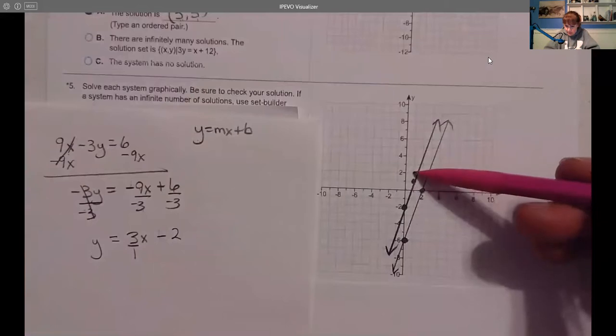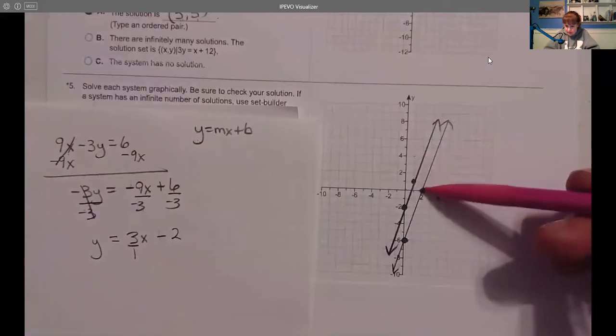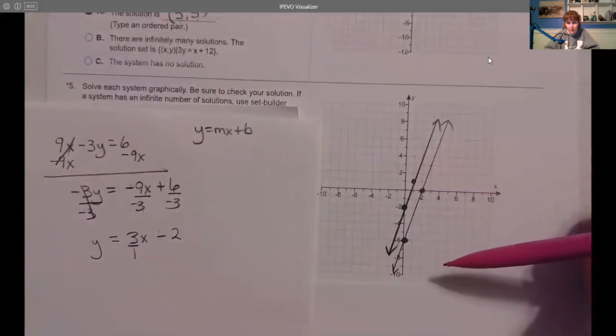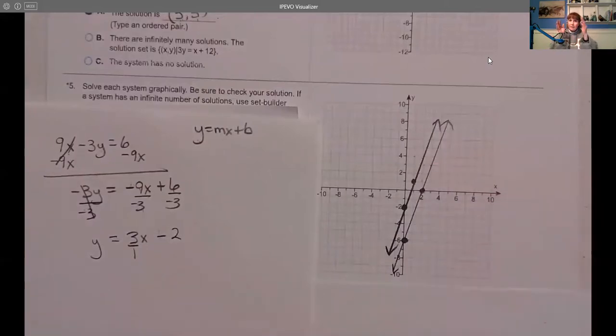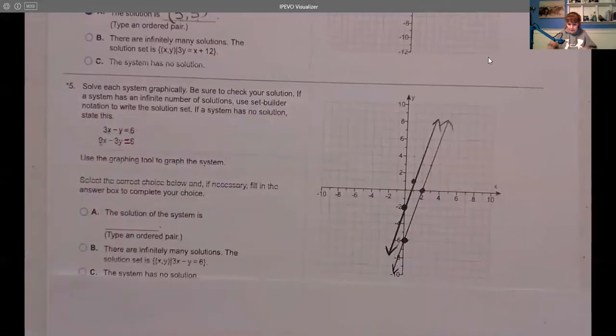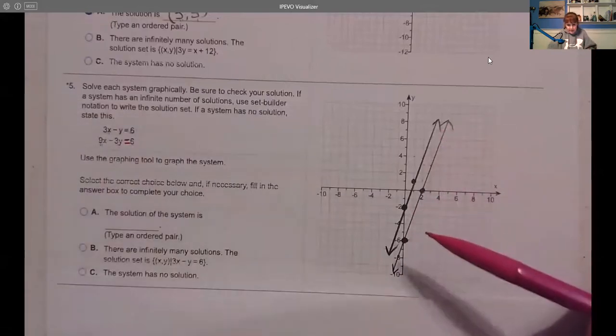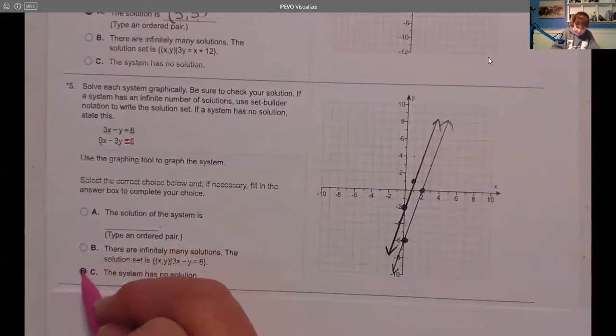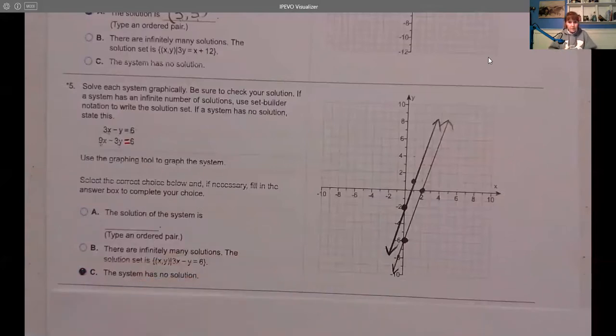You go up 3 over 1, up 3 over 1. So they're both 3 over 1. Lines that have the same slope are parallel lines, and they won't intersect. So if you end up with parallel lines, the system has no solution.